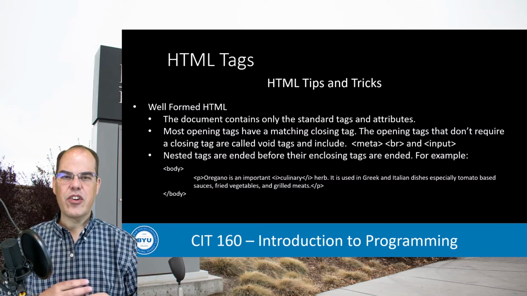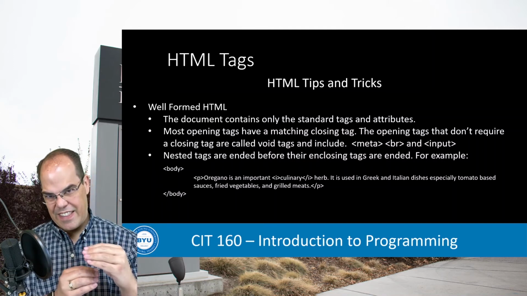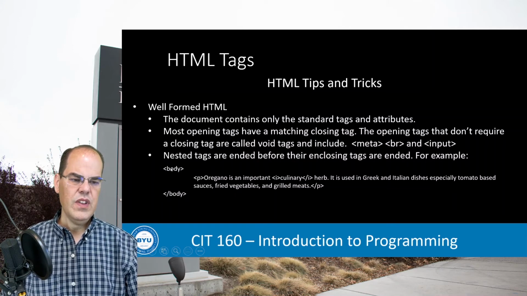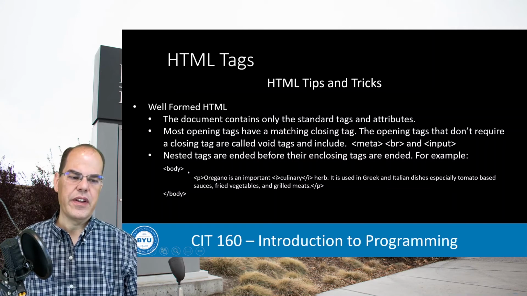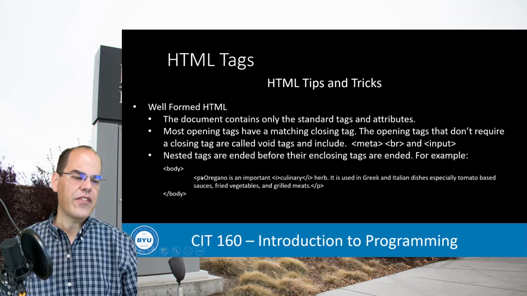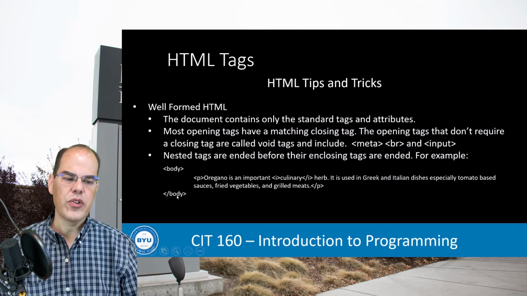So that means you can put one set of tags and then put another set of tags inside that. Okay, so we have an example right here. You have a body tag, here's the opening tag, and here's the corresponding closing tag. And then you have a paragraph tag here where it has its opening and closing, and you notice that it's all inside the opening and closing tag of the body.